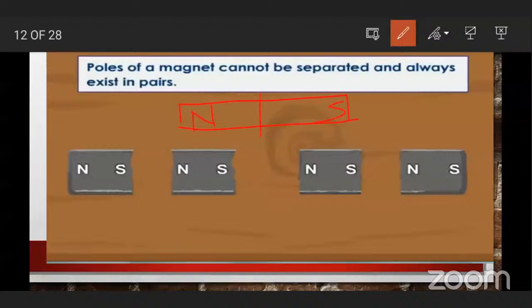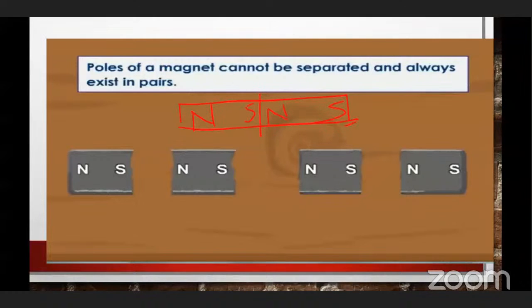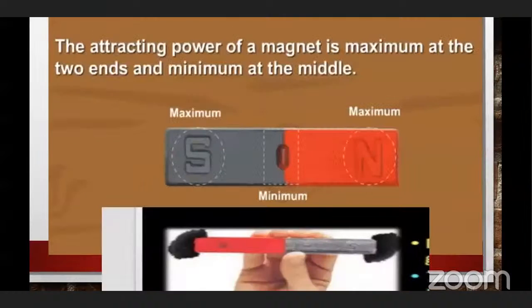This is the north pole, this is the south pole. This is the north pole and this is the south pole. These poles cannot be separated. This is a characteristic of a magnet.